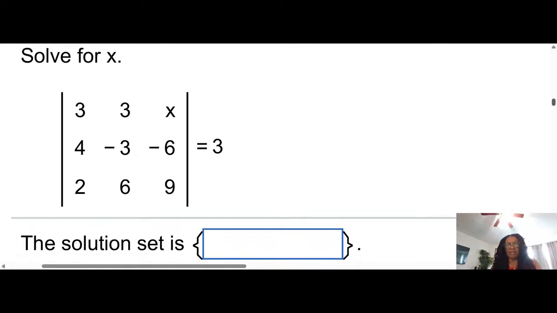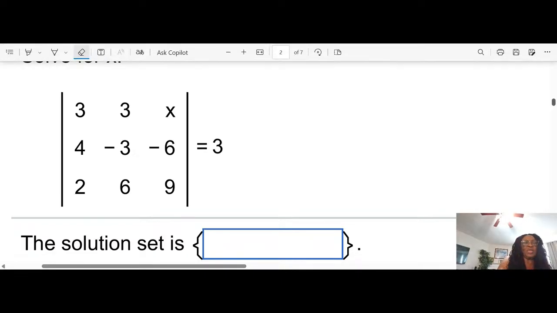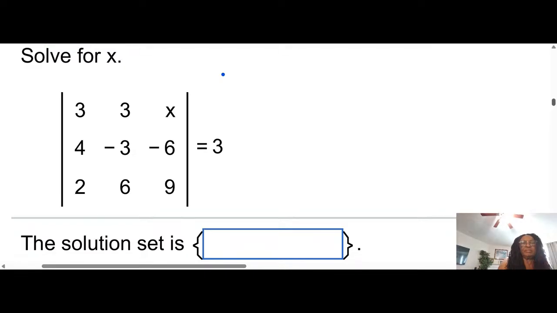So what we can do is do it by hand. There are several methods. I am going to start with method 1.